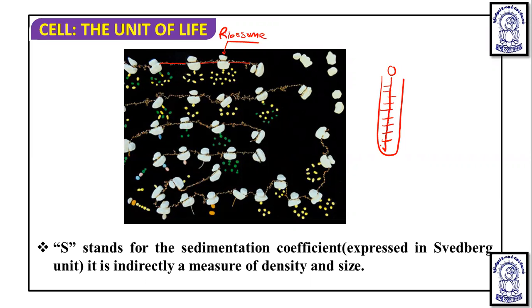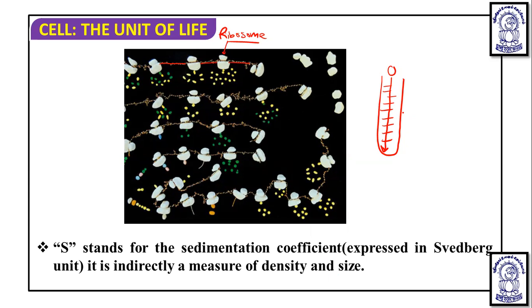The time which it takes will be noted, and that time will describe its size. If it takes much time, then it is a small particle, but if it settles easily, then it has a heavy size. So according to this we can understand the size and the density.